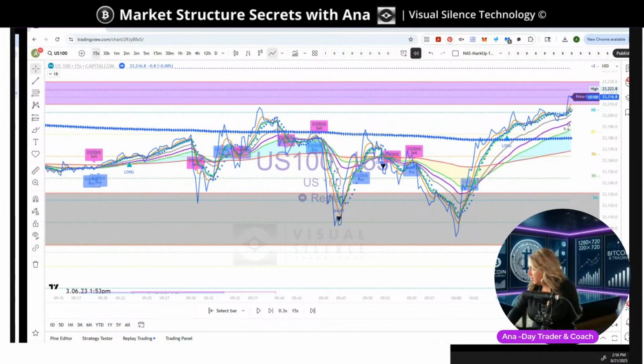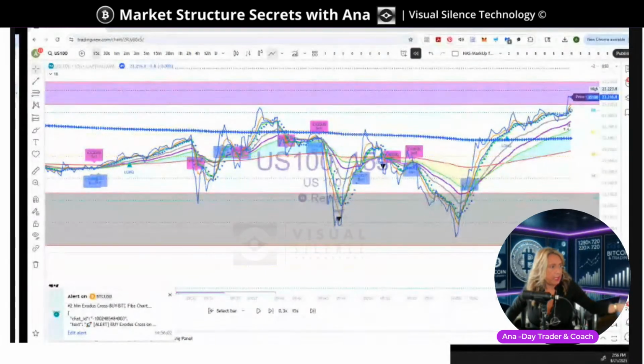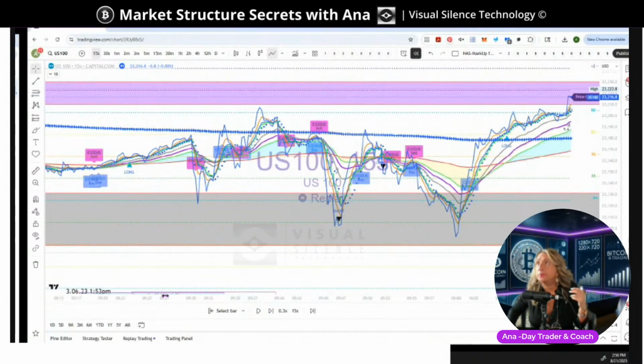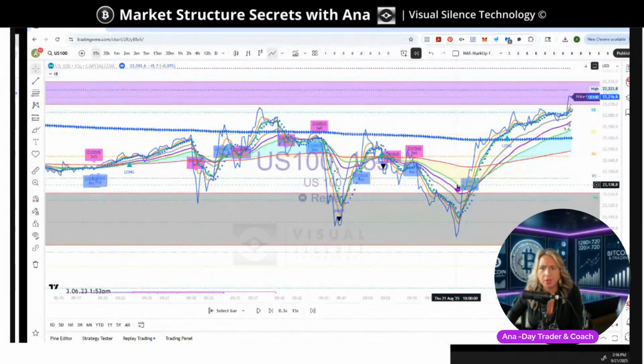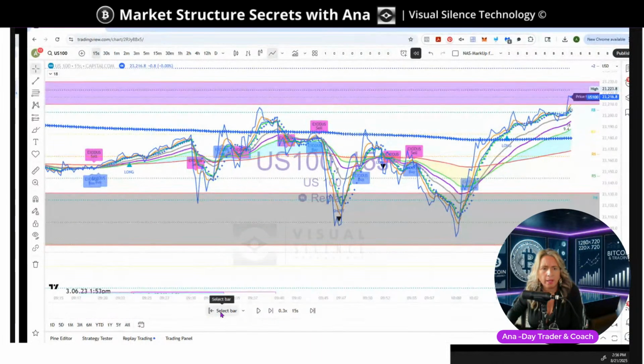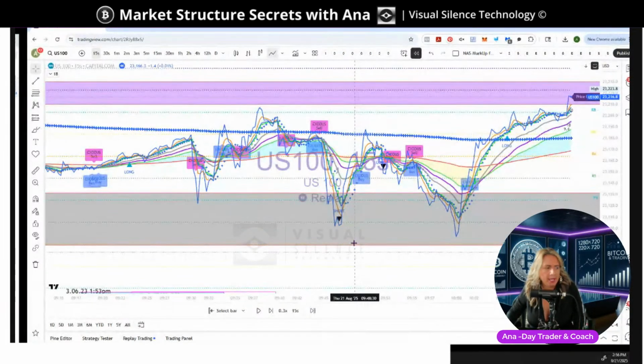Okay. All right. So right in front of you, you see my TradingView chart, and this is at New York Open. So it's at 10 o'clock here. I am on the replay. Okay, I'm on the replay. So let's break this down really easily.